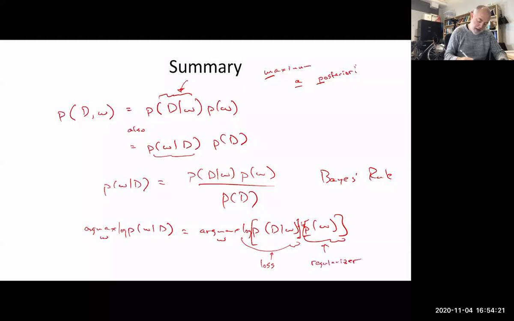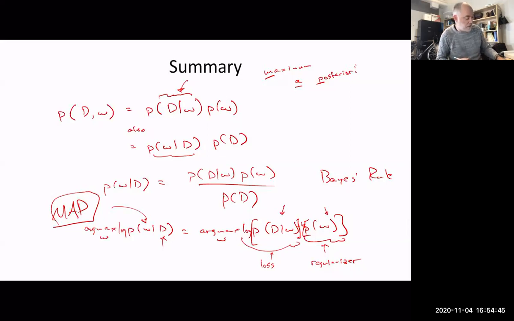So when you're doing MAP, you are actually maximizing the posterior probability of parameters given data. The posterior is proportional to and related to the likelihood and the prior. The likelihood shows up as a loss, and the prior shows up as a regularizer.